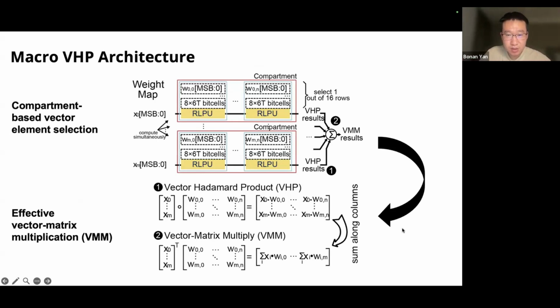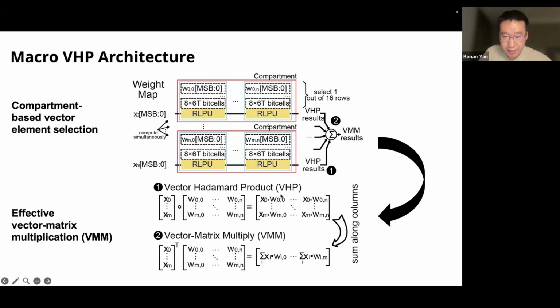And this figure shows why we call this the Hadamard product architecture. On the top of the figure is the physical architecture of the circuit, and on the bottom is the computation. As I have said, we split the VMM into two parts. The first part is the vector Hadamard product: the vector X times the matrix W, doing the element-wise multiplication.